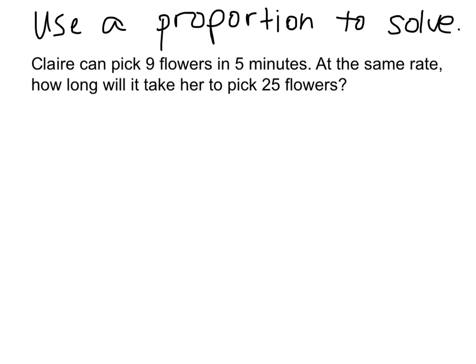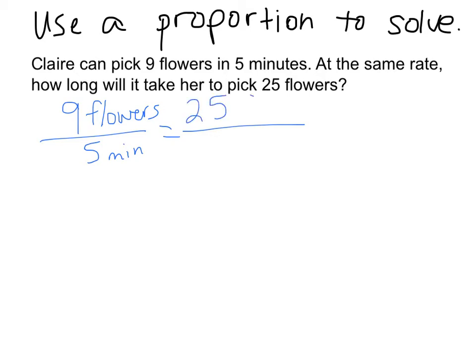Use a proportion to solve. Okay, so Claire can pick 9 flowers in 5 minutes, and I'm going to set up my proportion, and I'm going to say how long will it take her to pick 25 flowers in X minutes.